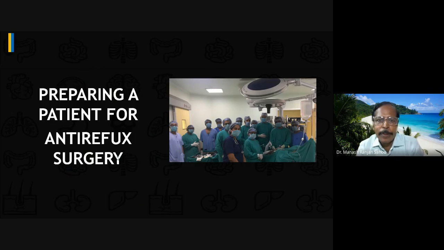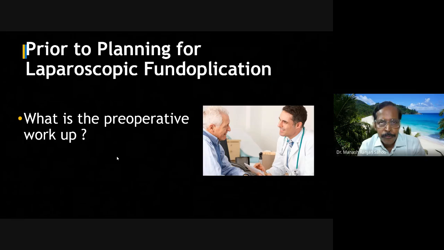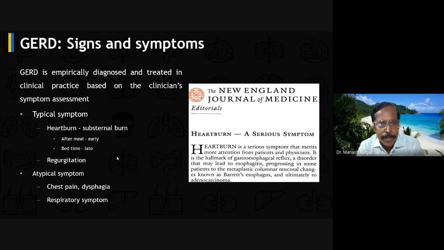So how do we prepare a patient for anti-reflux surgery? Many a time, before going into the procedure, the most important thing is preparing the patient and the pre-operative workup. That's probably one of the most important things to get the best surgical result. Gastroesophageal reflux disorder has heartburn as its typical symptom.